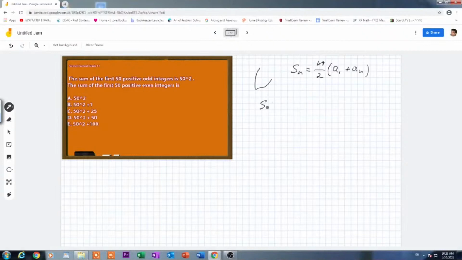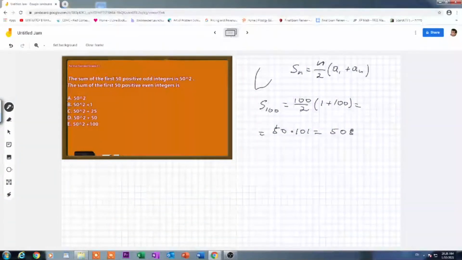So we have 100 terms in this sequence, and we're going to find the sum of these 100 terms. So 1 plus 100 times 50 equals 50 times 101, which is 5050.